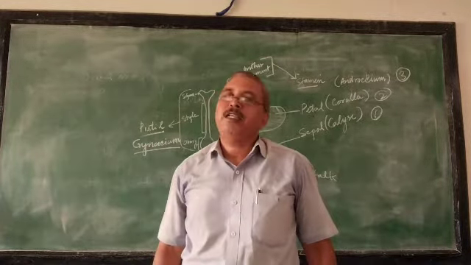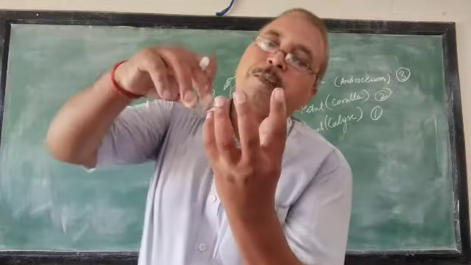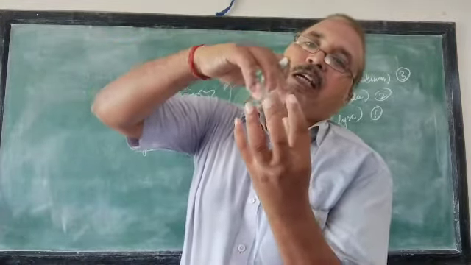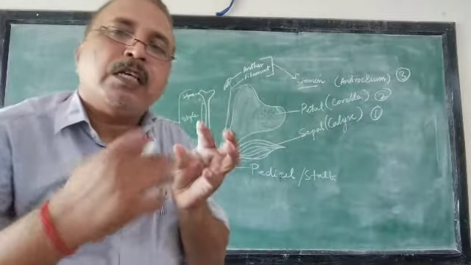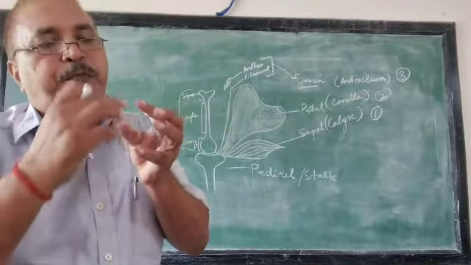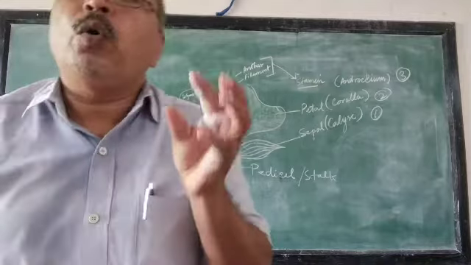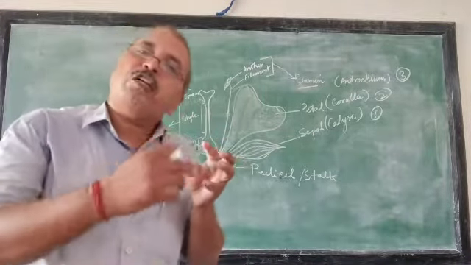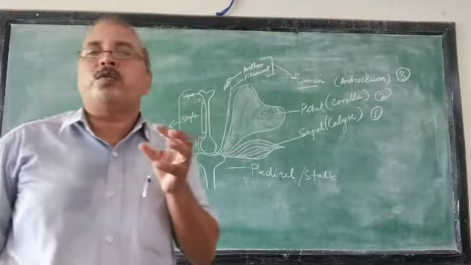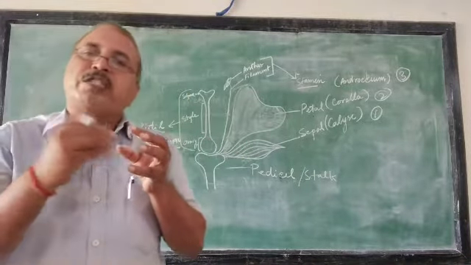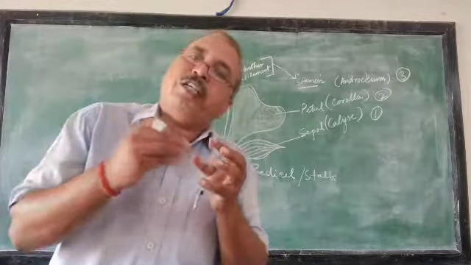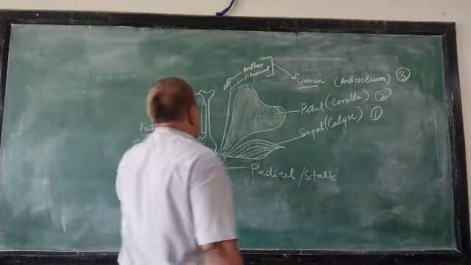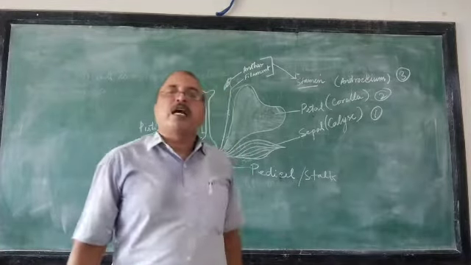Right? Similarly, one petal, another petal, another petal, another petal, another. In a circle they are present, and this circle of petals is known as corolla. Then comes the stamen. The circle of stamens is known as androecium, and the innermost circle at the center is the circle of pistil and is known as gynoecium.